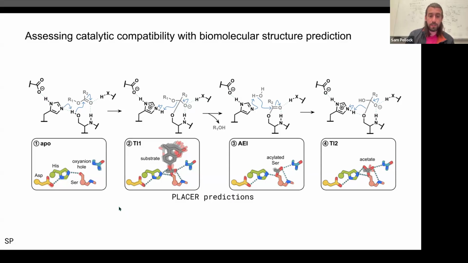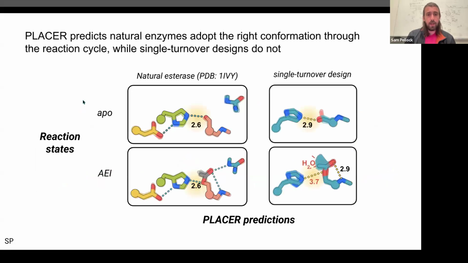So we used Placer to predict not only the apo state, but also these intermediates along the path to get a sense of whether the design is not only compatible with this one state, but compatible across the entire catalytic cycle. One of the cool things that we were looking at for some of these initial single turnover designs is just comparing them to some natural esterases.